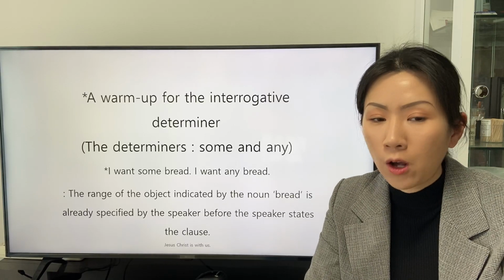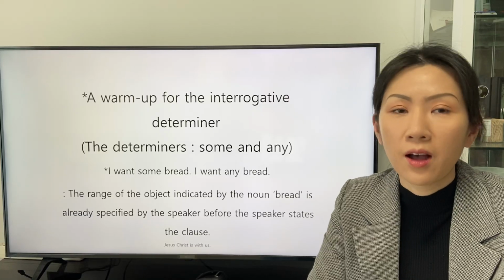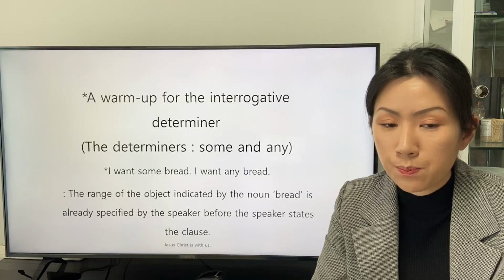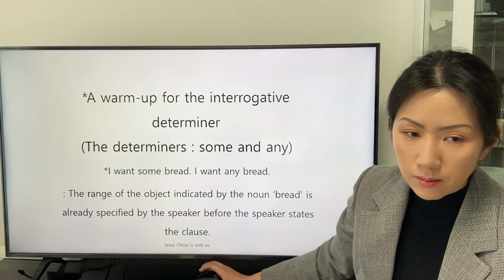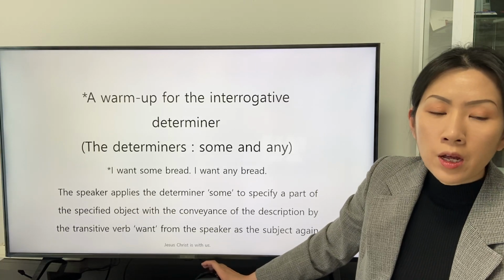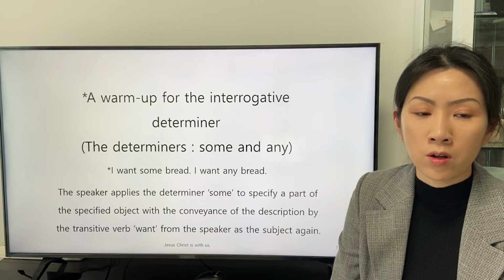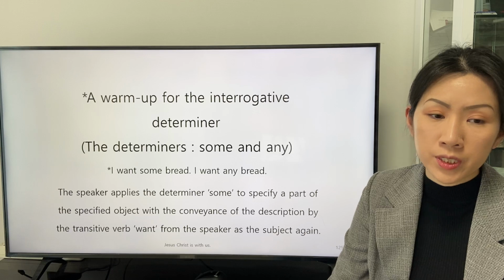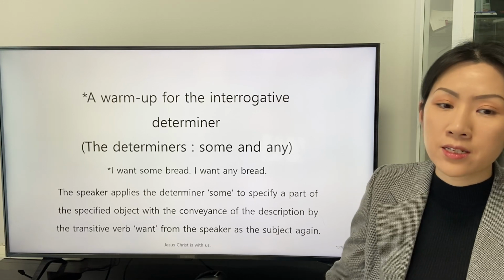The range of the object indicated by the material noun bread is already specified by the speaker before the speaker states the clause. The speaker applies the determiner some to specify a part of the specified object with the conveyance of the description by the transitive verb want from the speaker as the subject.